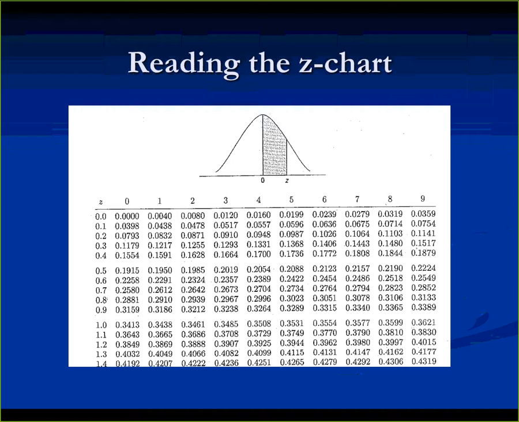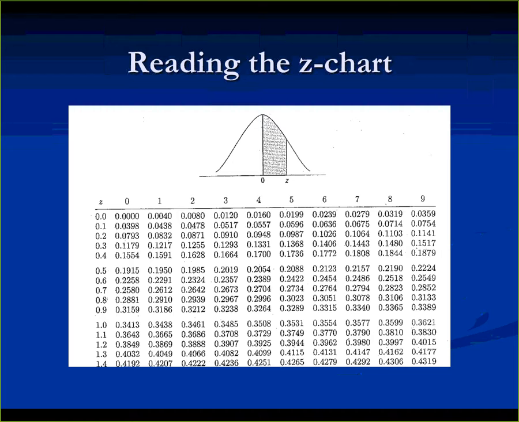And if you look at the graph, you can see there's a z value, and then it's got a hashed in area between 0 and z, where z in this case is positive because it's to the right of the mean. And what this chart is telling you is it's giving you areas under the distribution that you reach from the center of the distribution to z number of standard deviations away.